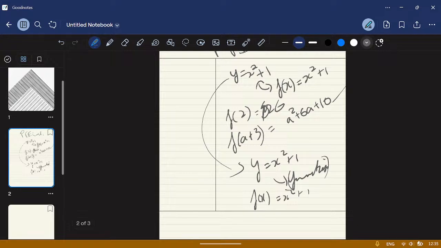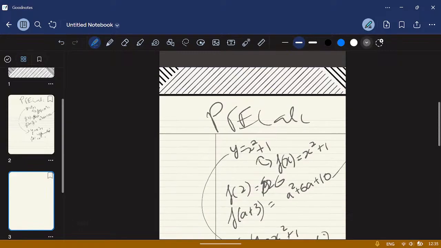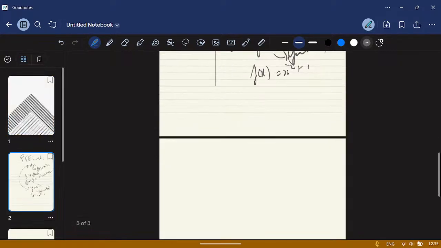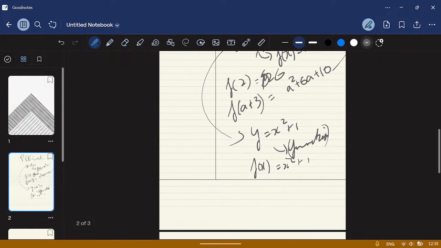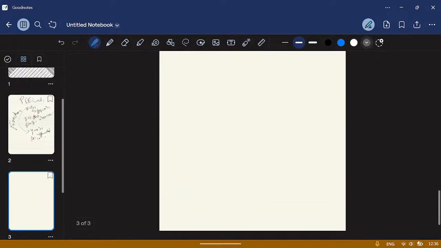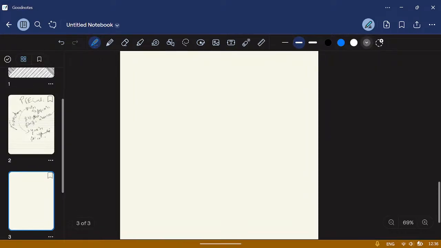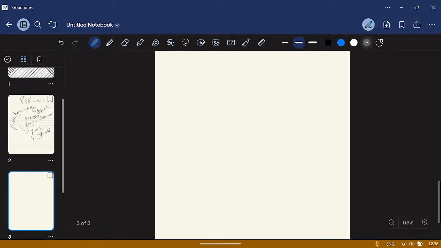Sometimes a function, this is where the interesting bit comes in. Alright, functions here. Okay. Sometimes it can be represented in a graph. Now that's the real stuff, right?